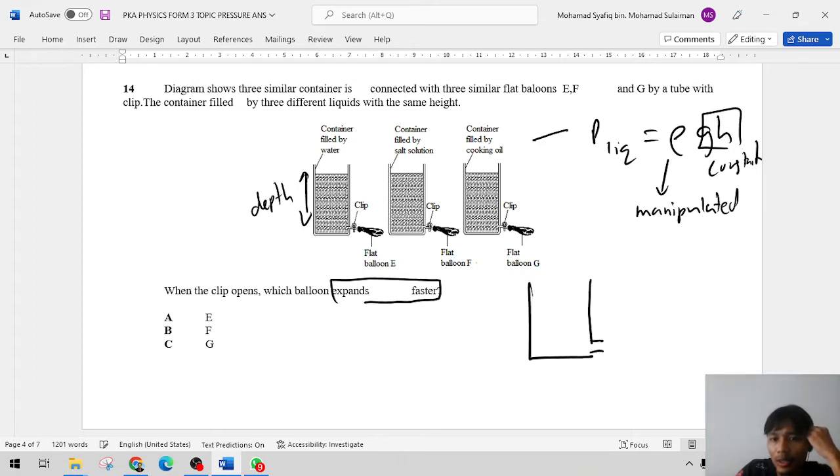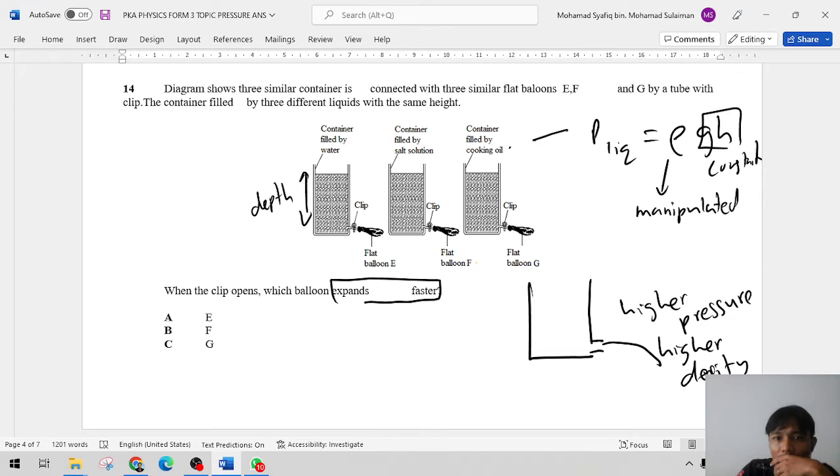Okay, so higher pressure will expand faster. Higher pressure, so higher density. So which one is higher density? So oil is the smallest density, and then water, so the highest density is salt solution. So the answer is F.